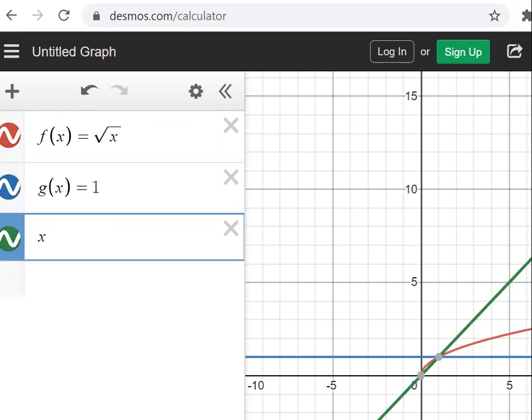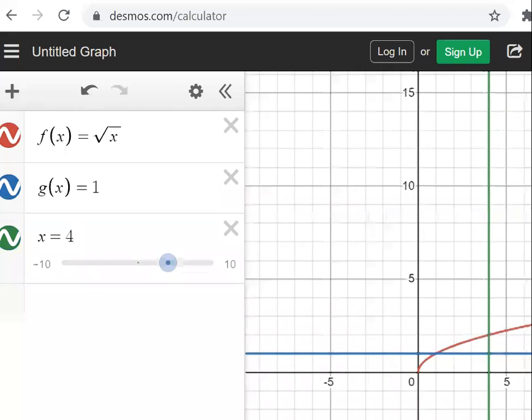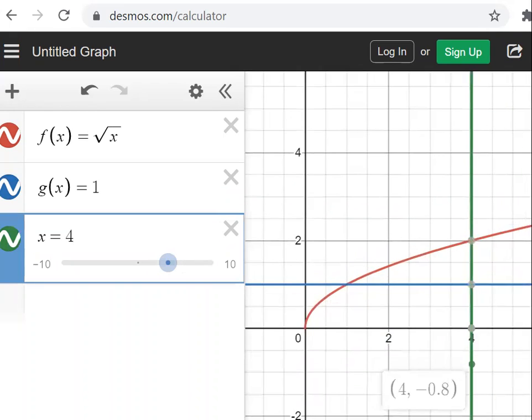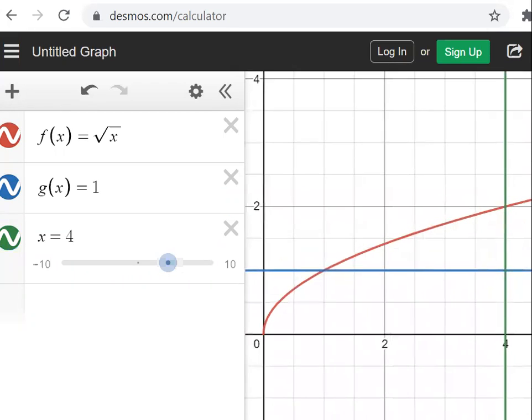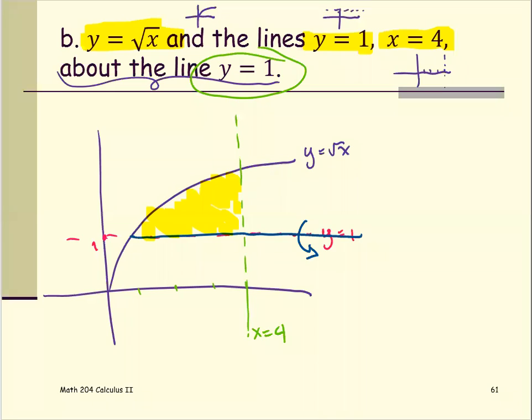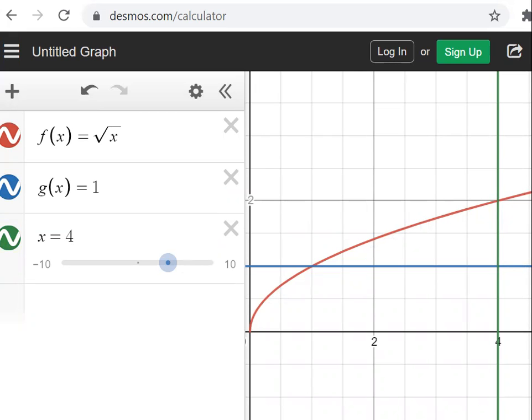Another one, the graph x equals 4. And then for the graphing area, let's zoom in. As you see, you have the blue line as g of x, or y equals 1, and the vertical line, the green one, as x equals 4, and so forth. There you go.